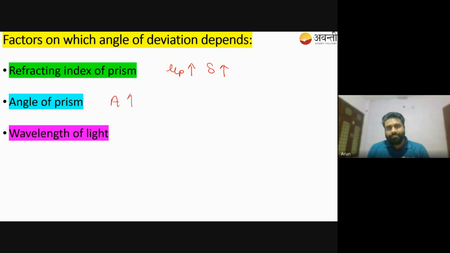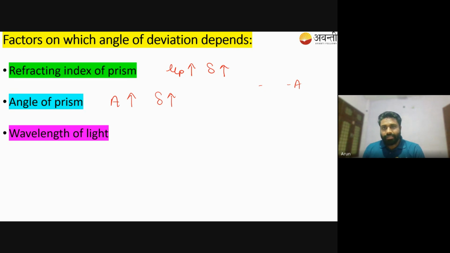If the angle of prism increases, the value of delta will also increase. Although we have learned that delta is nothing but I plus E minus A, so from this relation you can say that if you increase the value of A, it is going to decrease the value of delta. Okay, but that is the mathematical formula.